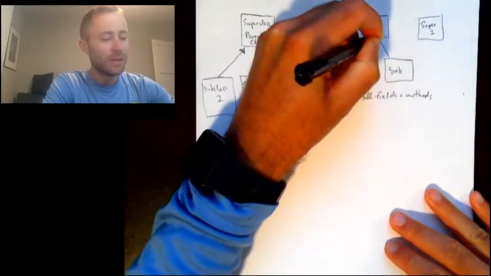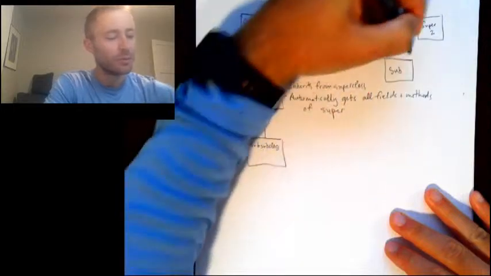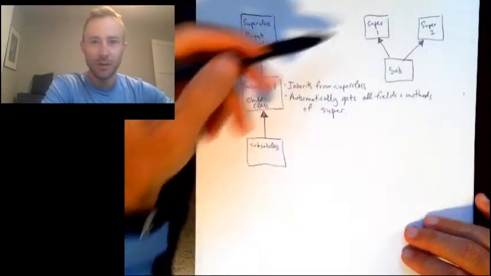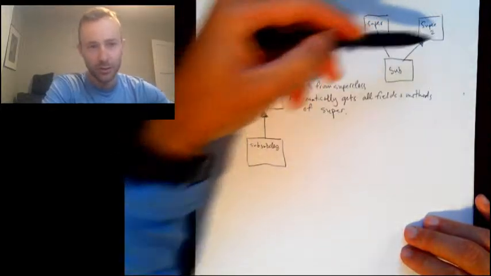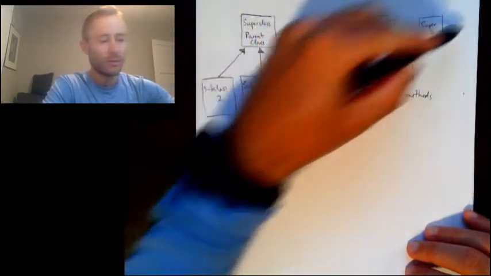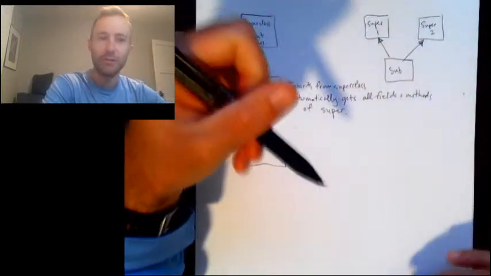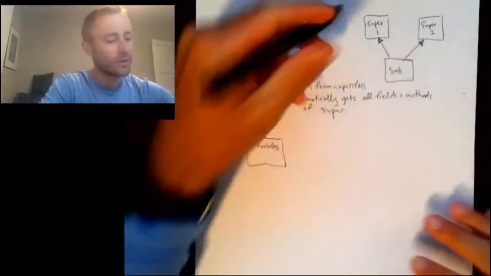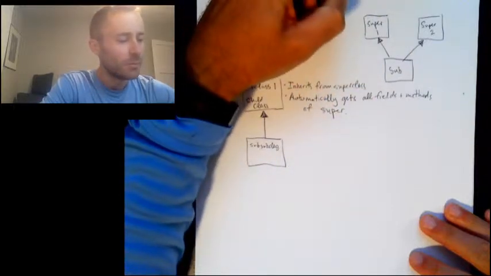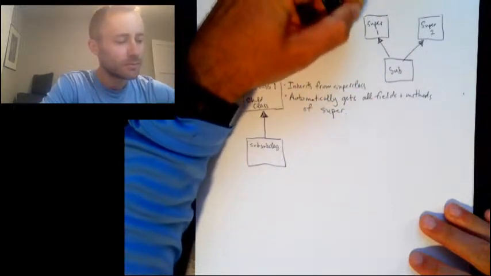The sub inherits from both super 1 and super 2, so it gets all the fields and methods from super 1 and all the fields and methods from super 2. Or even if you had other classes, you could get all the fields and methods from 3 different classes. This type of structure is called multiple inheritance.